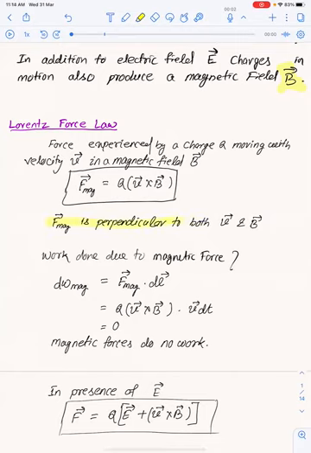The magnetic force is perpendicular to both V and B.